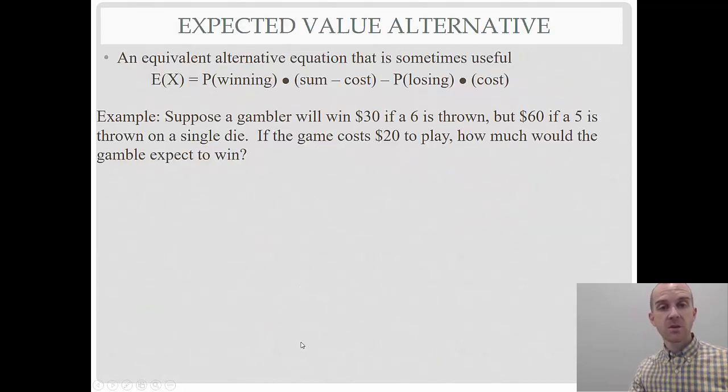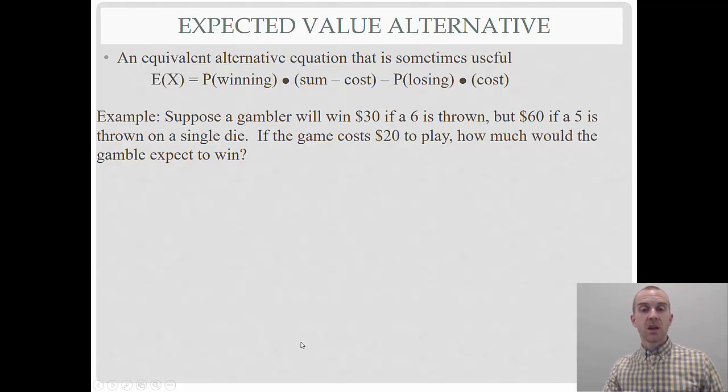Now, there's another way we can calculate expected value. The first way helps especially when you're playing games, but sometimes you may have other financial situations where it's helpful to use this method, where what I do is I take my probability of winning and I multiply it by the net winning. In other words, like before we're looking at the gross winning, that's the total you win.